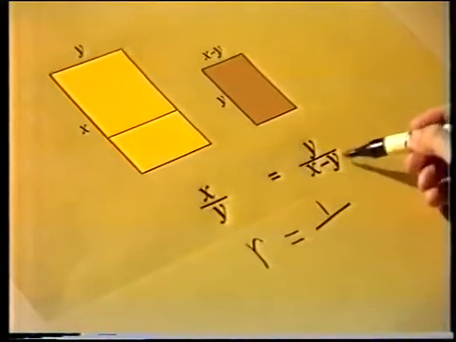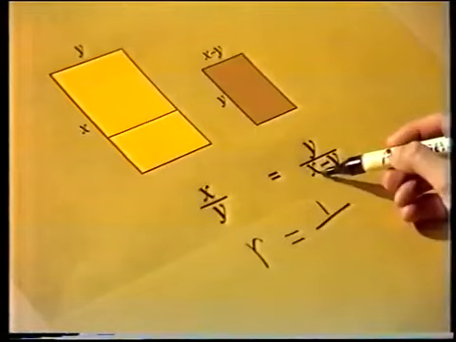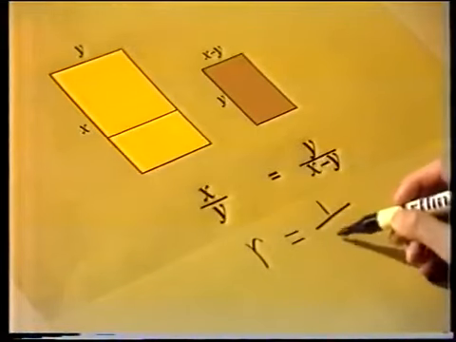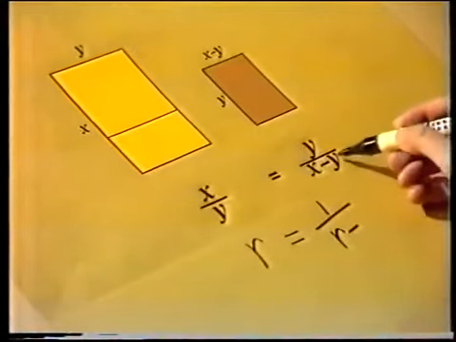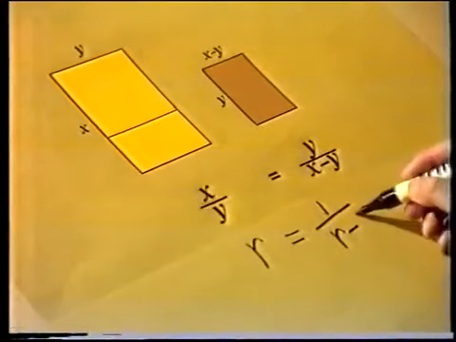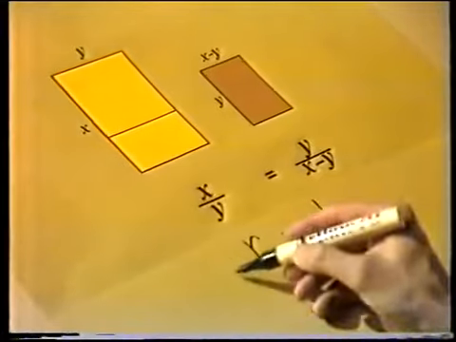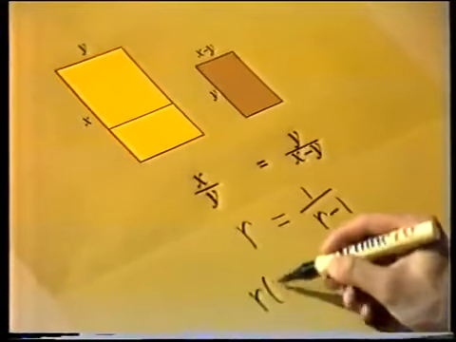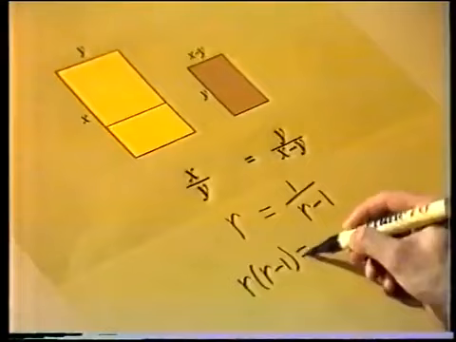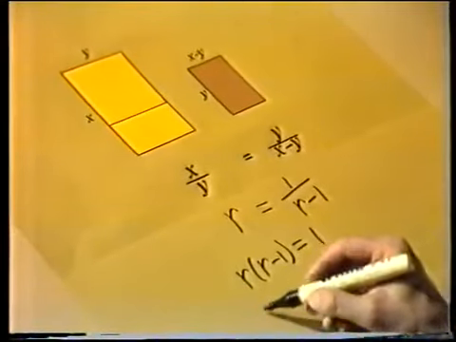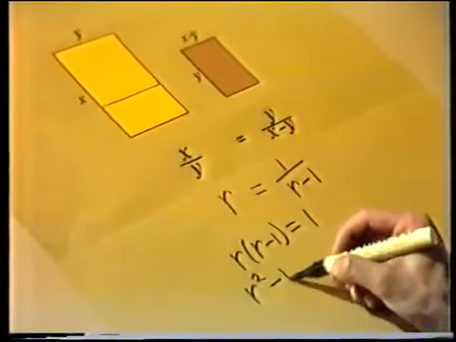And on the bottom, I have x divided by y. But that's just r minus y divided by y, which is 1. I want to work on this equation. Bring it over here, and I have r into r minus 1. I recognize a quadratic equation, so I multiply it out.